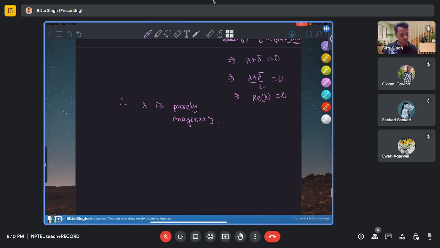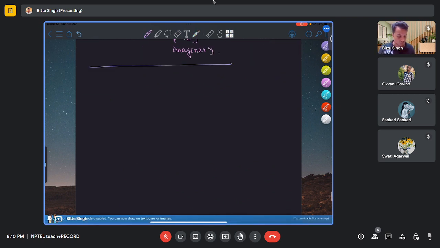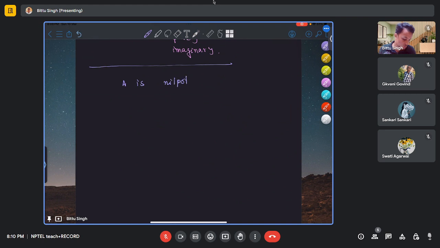Let us check another example. A is nilpotent. For this case, what is the definition of a nilpotent matrix? There exists some k such that A to the power k is 0.